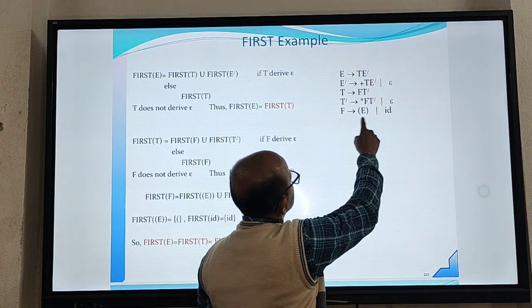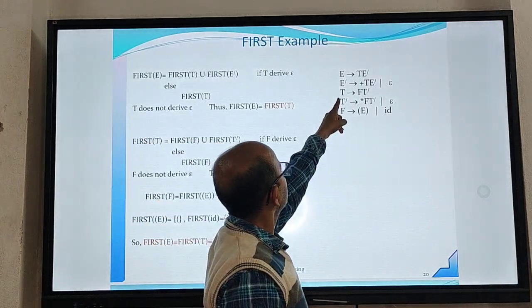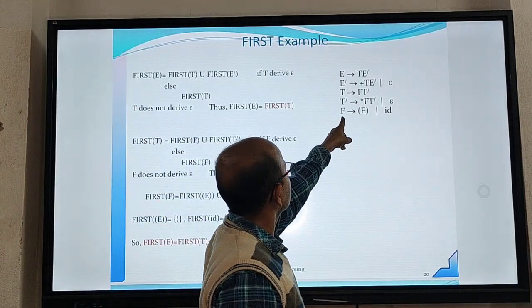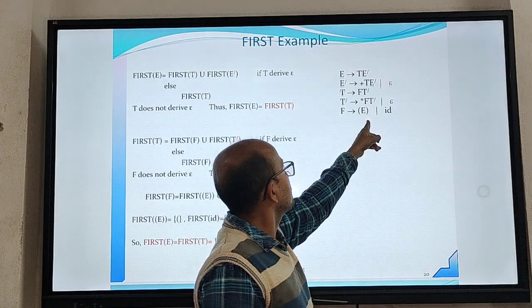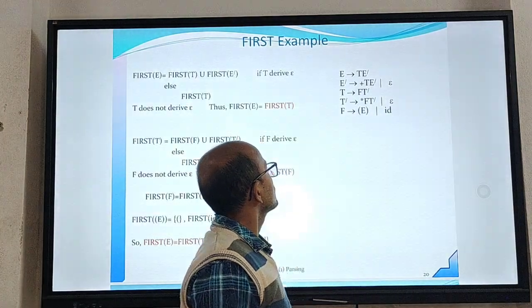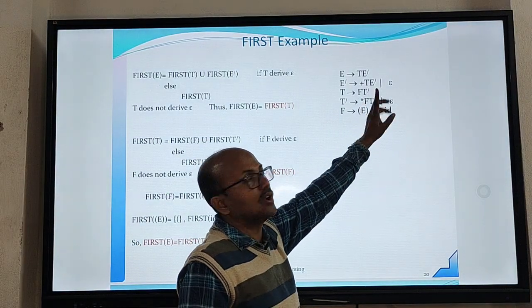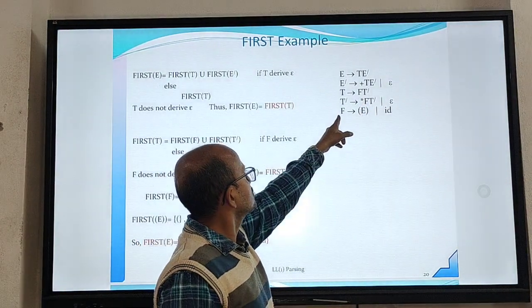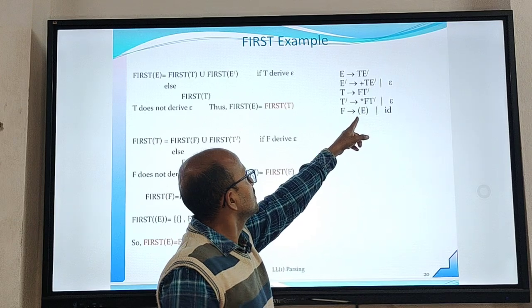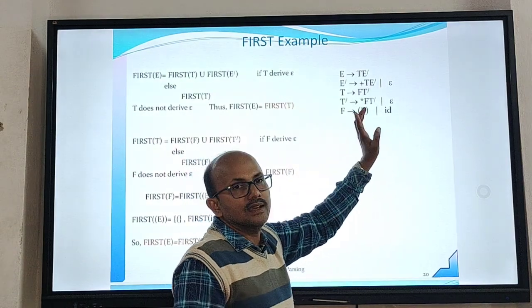Here you can see F does not generate epsilon. So first of T is basically the first of F, and the first of F is the terminal symbols, the opening parenthesis and the id. Now let us calculate the first of T prime, which is the star and epsilon, and first of F is the terminal symbols on the right-hand side, the left parenthesis and the identifier.